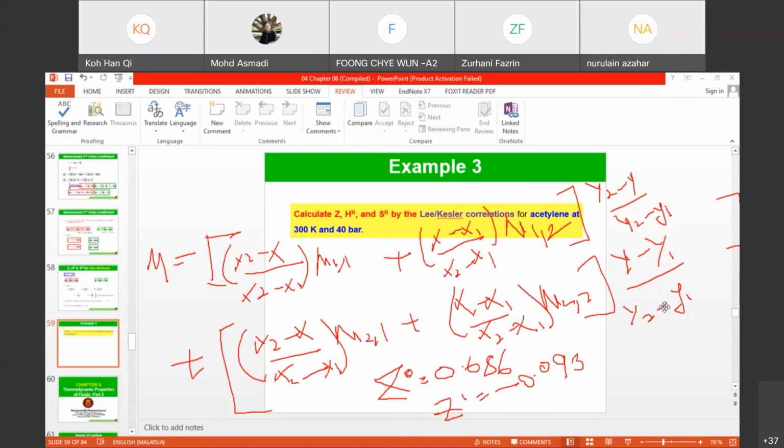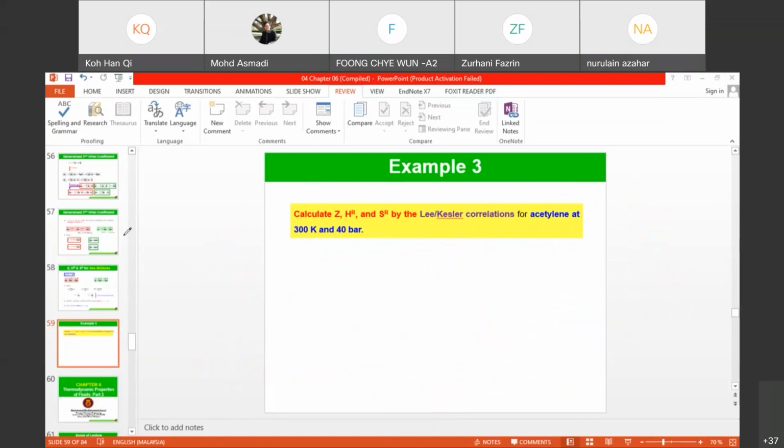Okay, and then you can calculate the total Z. Similarly for HR: if you calculate HR, you have to do interpolation, and then finally you have to multiply with RTC to get the answer.